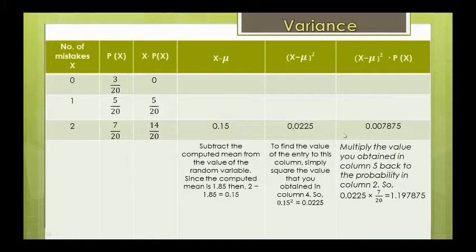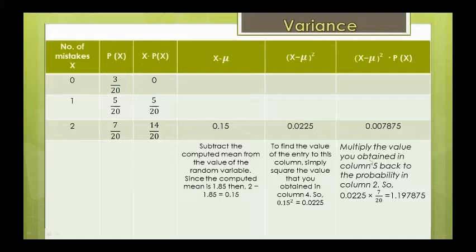Now, the last column, which is the sixth column, this is the product of yung square natin na difference between the random variable and its mean, and then multiply natin sa P of X or the probability of the random variable. The value in the fifth column, imo-multiply natin yan sa P of X, which is the value from the second column. Anong gagawin?